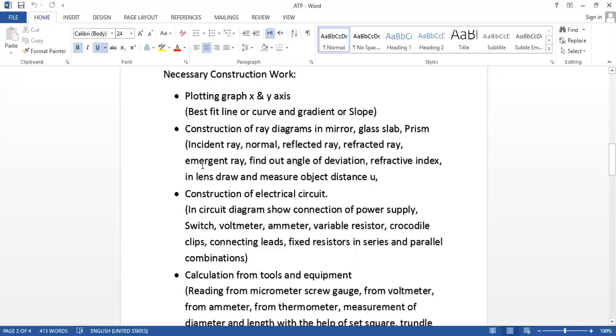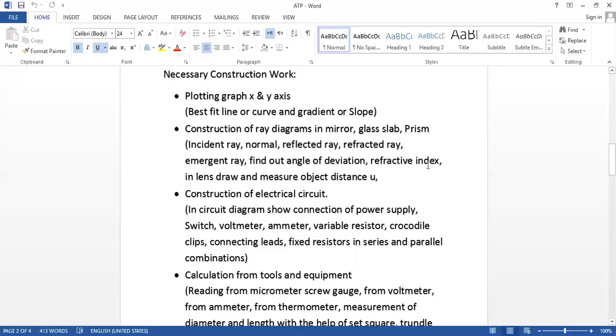And in a prism, you will draw the normal, refracted ray, emergent ray, and also the angle of deviation and critical angle in the prism. And also you have to find the angle of deviation from the prism. And a very important calculation is refractive index.